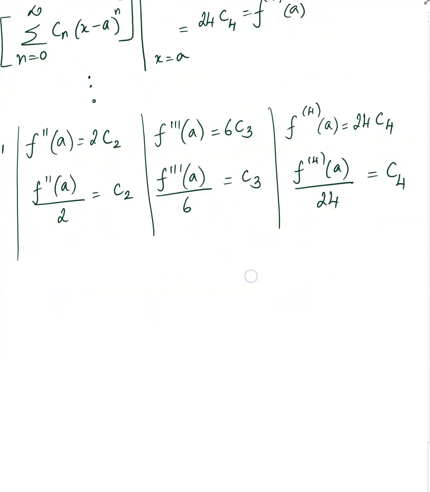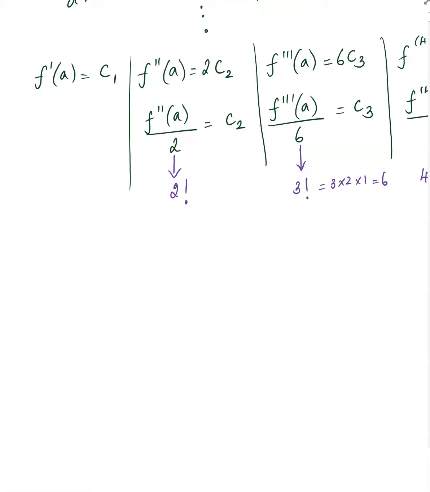And if you go down to these denominators, you can see that this 2 can be rewritten as 2 factorial, because 2 times 1 would be 2 itself. This can be written as 3 factorial, because 3 times 2 equals 6. This is 4 factorial. 4 times 3 times 2 times 1 is 24. And so on. So you begin to see a pattern. Based on this pattern, you can write a general nth derivative.